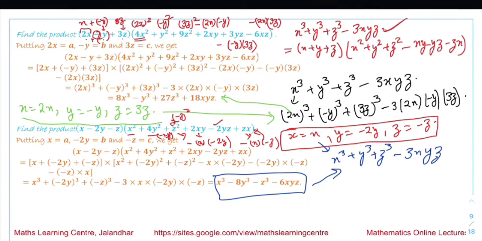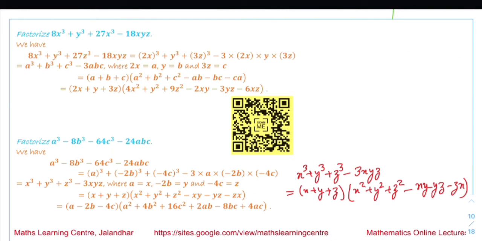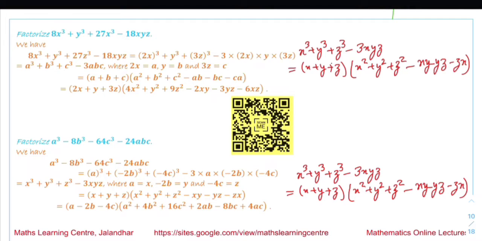Next question, we have to factorize 8x cube plus y cube plus 27z cube minus 18xyz. So if we compare it with the given formula, this is our formula.